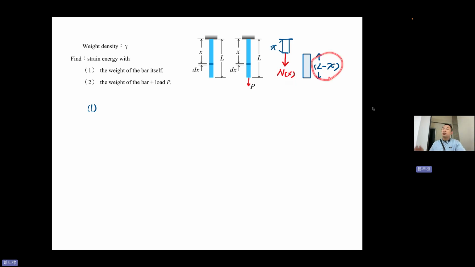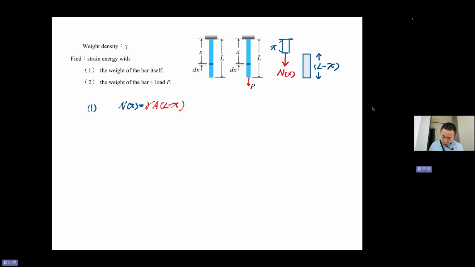The L minus x material times its weight density will be equal to N of x. So N of x equal to gamma A (L minus x), right? This is because the N of x will be equal to the material weight underneath, right? So L minus x times area times gamma.